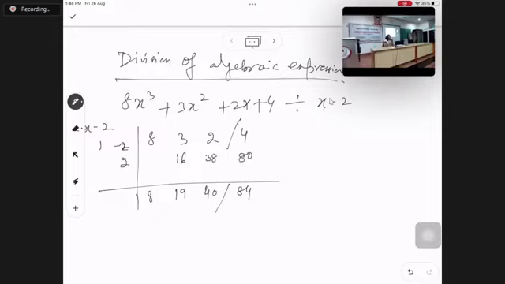But here, we do not take carryovers. See, we are dividing x cube third degree equation with the first degree. So, obviously, it is x square term in the quotient. So we start writing the quotient. Quotient would be 8x square plus 19x plus 40. And your remainder is 84. In this way we can divide. See how simple is this?